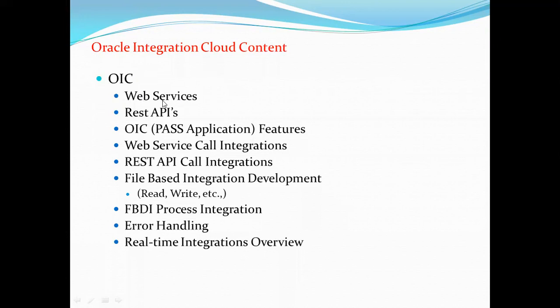Let's assume, for example, a Siemens system is creating an AR transaction. When they save their work in their Siemens system, immediately the same AR transaction has to be created in our Oracle system. There is a requirement. So how are we going to fulfill it? The OIC application has the capability to connect to our source system, and we develop certain integrations using these web services in order to create your invoices in our Fusion application by using web services and REST APIs.